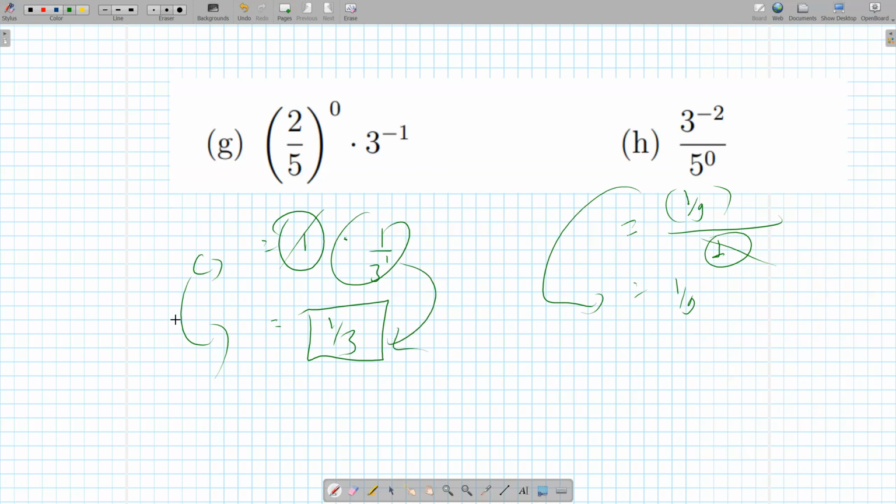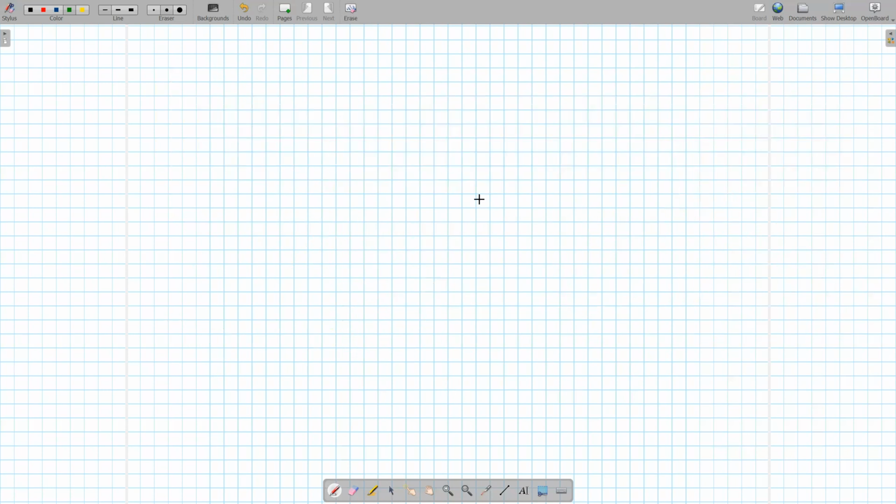See that? Okay, so here's another thing, right? What's 1 over 3 to the minus 2? And again, it has absolutely nothing to do with 6. It's going to be exactly 9, not 1 over 9, and I'll show you why.